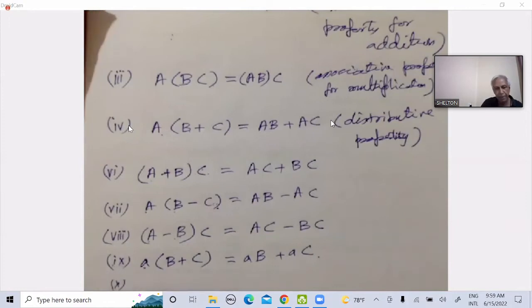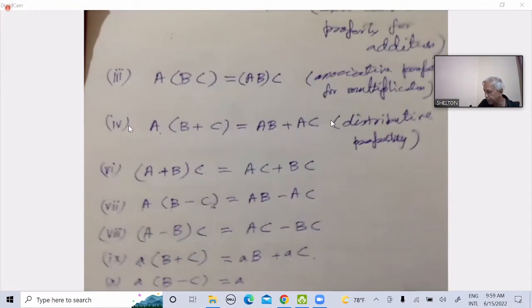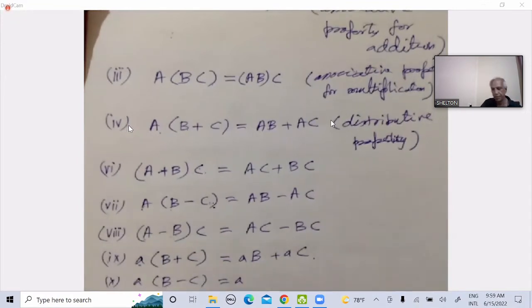Property 10, A times (B minus C), is also the same, you will see. So you can multiply a sum or a difference by a scalar and do that in the same order with multiplication by the scalar A.